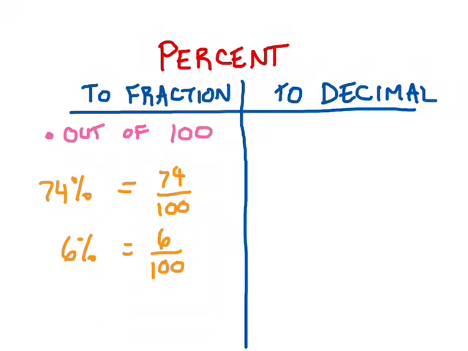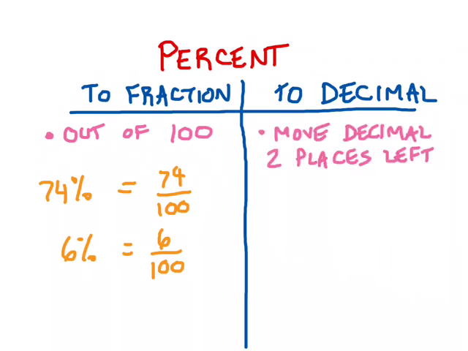Converting a percent to a decimal is the exact opposite of converting a decimal to a percent. One thing we can do is move the decimal place 2 places to the left. The other way of thinking about it is to divide it by 100.